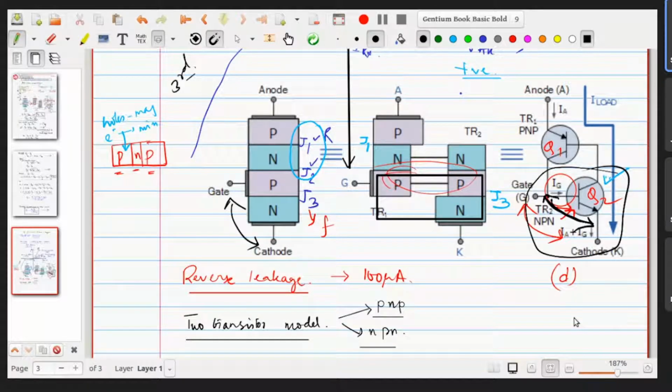So this is now in the conduction mode. The device has moved into the conduction mode.